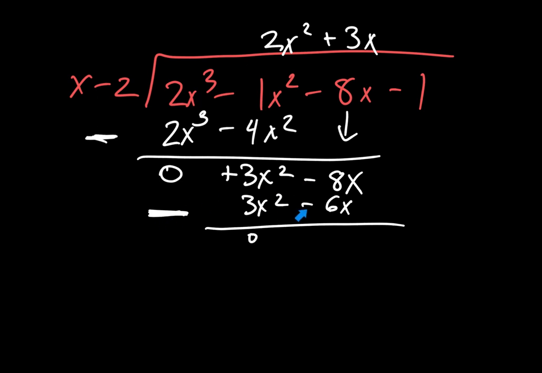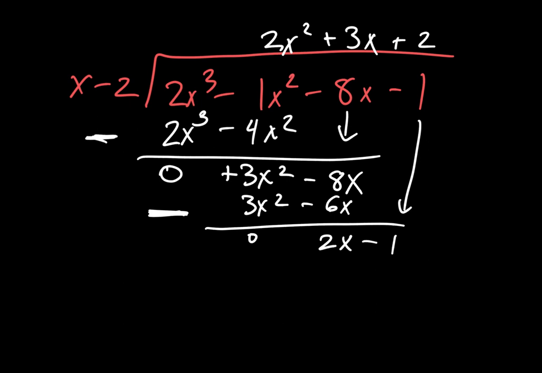Negative 8 minus a negative 6, minus a negative is plus a positive. So negative 8 plus 6 is 2x. Bring down the 1. X into 2x, this has to be plus 2.